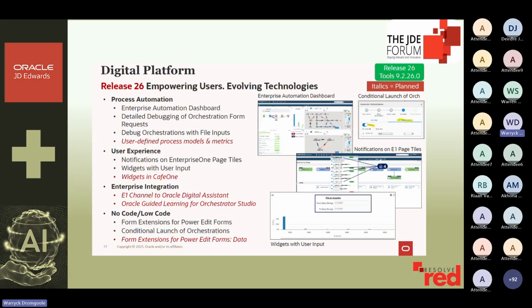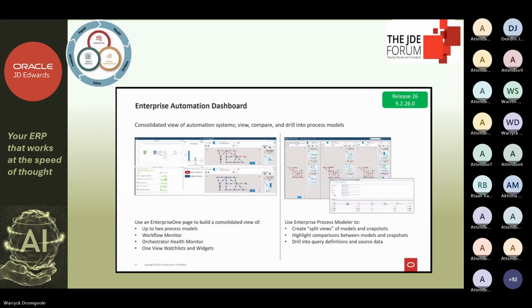So let's have a look at some of these features in more detail. The enterprise automation dashboard: you can now add your process modeler to the enterprise one page with the ability to add 2 process modelers with drill down functionality into the data within the process modeler, which means you can have your enterprise one page with your various tiles to process the steps in the sales order process, for example.